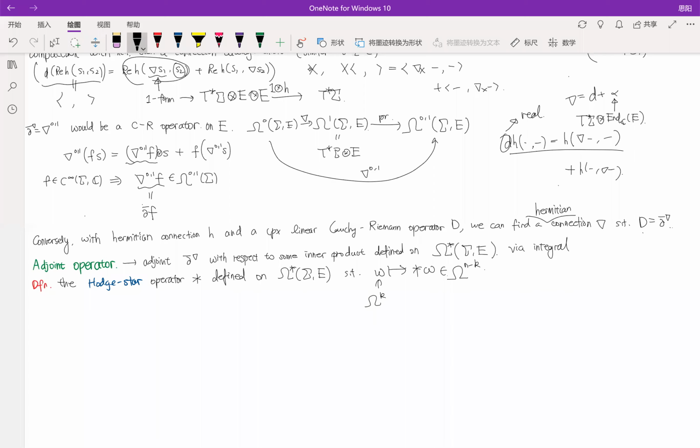In this case, we are dealing with Riemann surfaces, so there is only omega 0, omega 1, omega 2. And omega 1 decomposes as omega 0,1 direction with omega 1,0. And the Hodge-star operator will map from omega p,q to omega n minus p, n minus q.